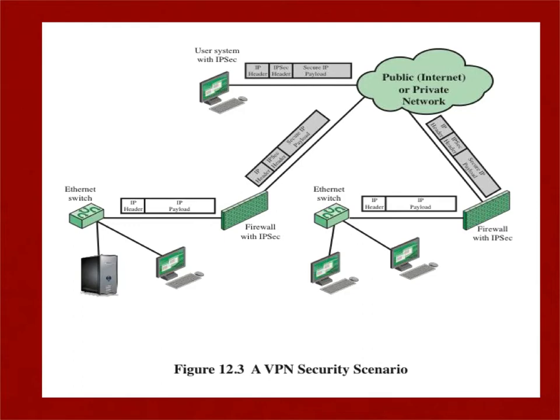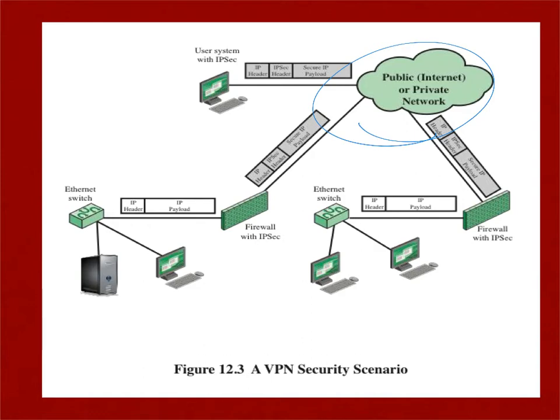Here we talk about VPN, because we said that firewalls could very well support IPsec. So in that case, firewalls can help us perform secure private network-to-network communication over the public internet, which is unprotected. So this is VPN, and we talked about this in chapter 9.